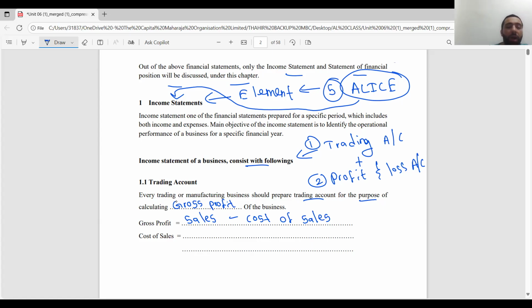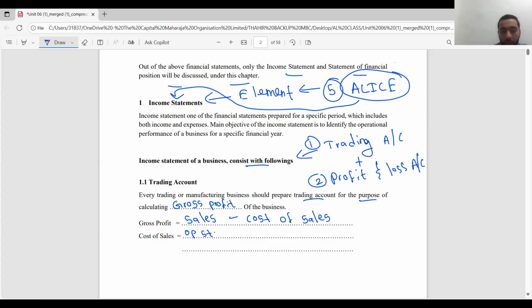So this is the formula to calculate the gross profit. Okay. How to calculate the cost of sales?